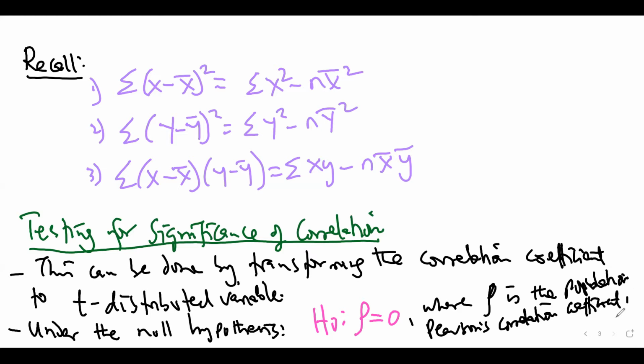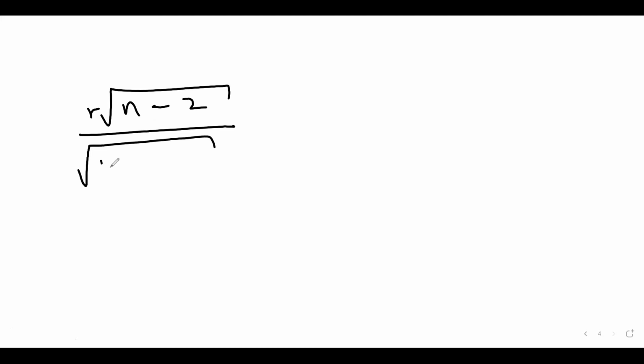Okay, then the test statistic is defined as this. So you have r times the square root of n minus 2, divided by the square root of 1 minus r squared.